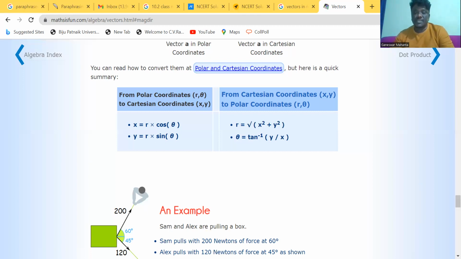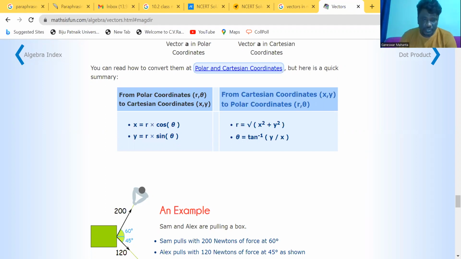Next we can see the polar form in theta. How do we evaluate the theta value? Theta calculation: x is equal to r cos theta and y is equal to r sin theta, right? We have seen that r is the square root of x square plus y square.